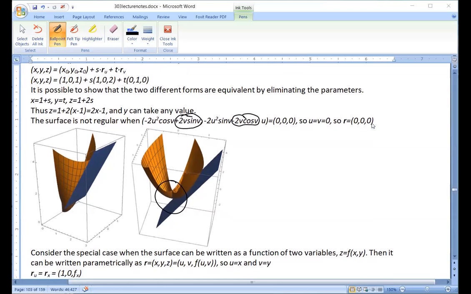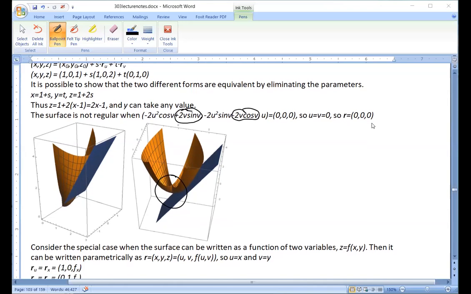So now applying our parametric methods, what do we get? dr/du is really just dr/dx. u and x are really the same thing. Looking at this formula, taking the derivative with respect to u, the derivative of the first thing is just 1, of the second thing is just 0, and of the third coordinate is just df/du, which of course is really just df/dx.